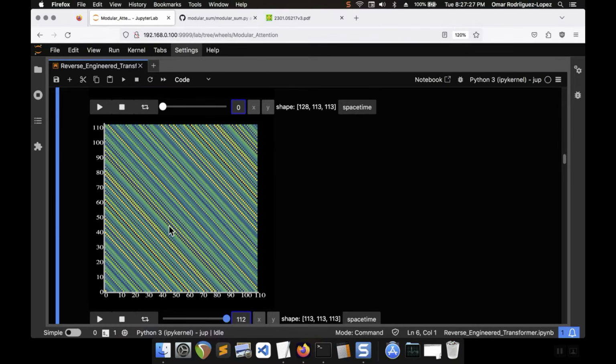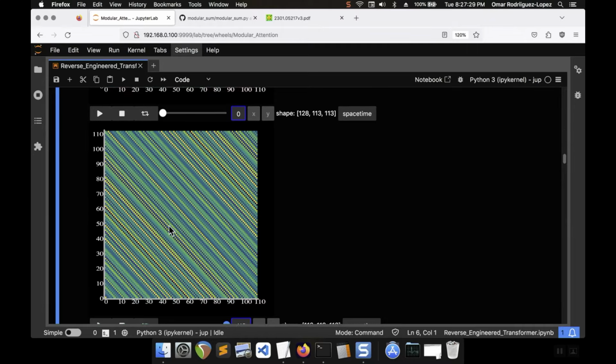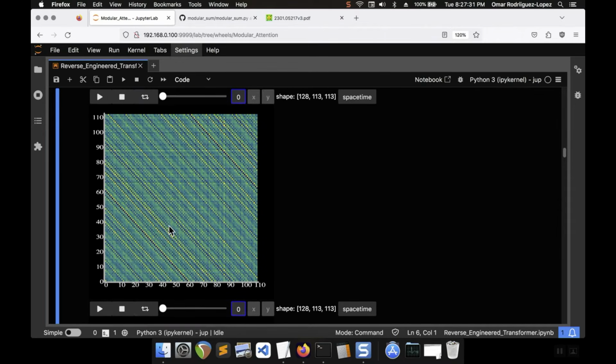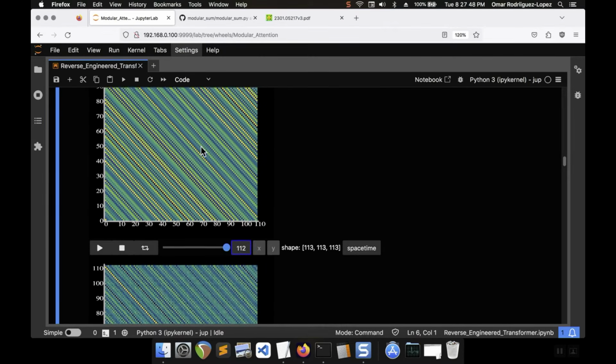This is the W unembed, and this is the final residual stream. So the MLP does something to switch the format of everything from 2D sinusoidal to this diagonal structure in order to give the correct solution.